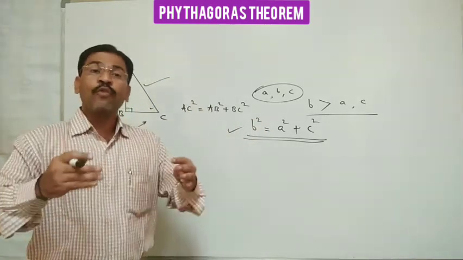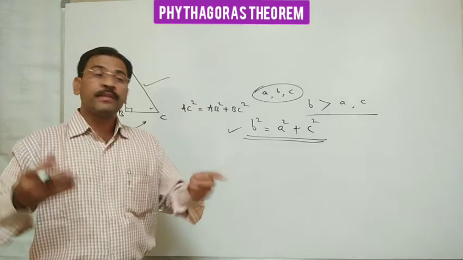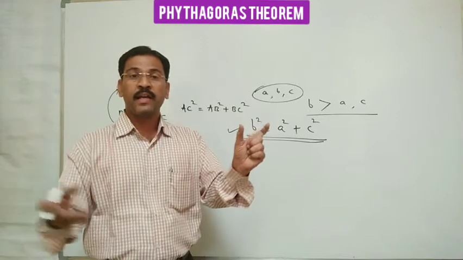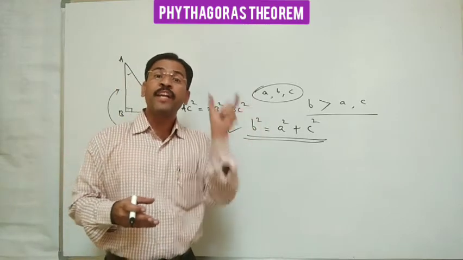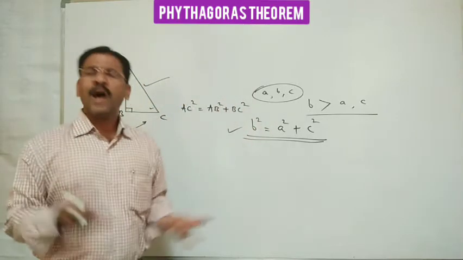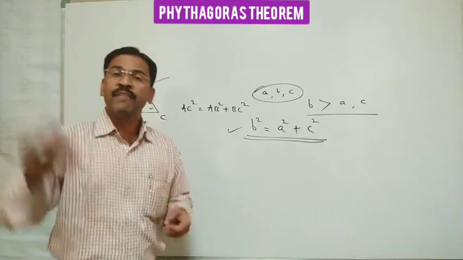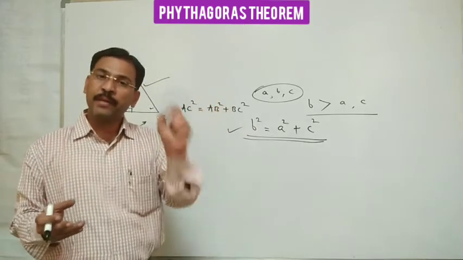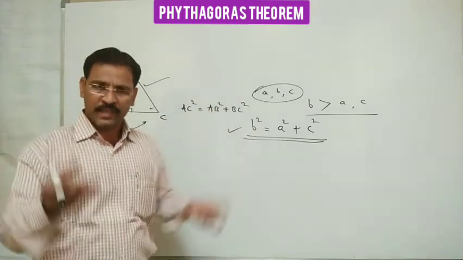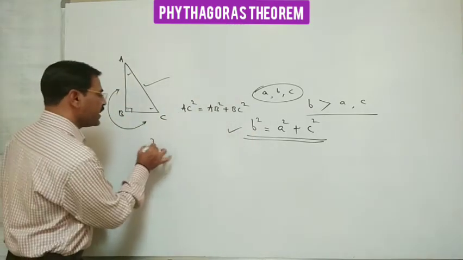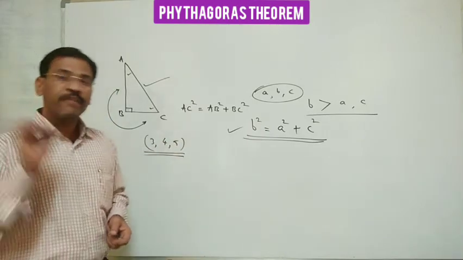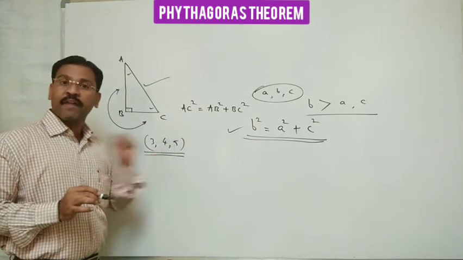Like this, we verify whether the given set of three numbers are the sides of a triangle, that is, called a Pythagorean triplet or not. How can we verify whether the given set of numbers is a Pythagorean triplet or not? We'll take one example. Suppose here 3, 4, 5. This is a set of three numbers in which 5 is the greater number.